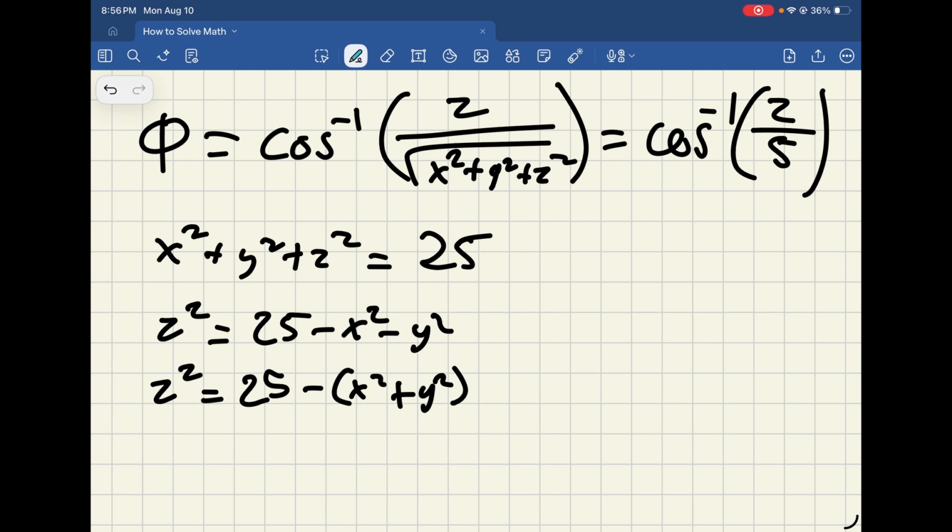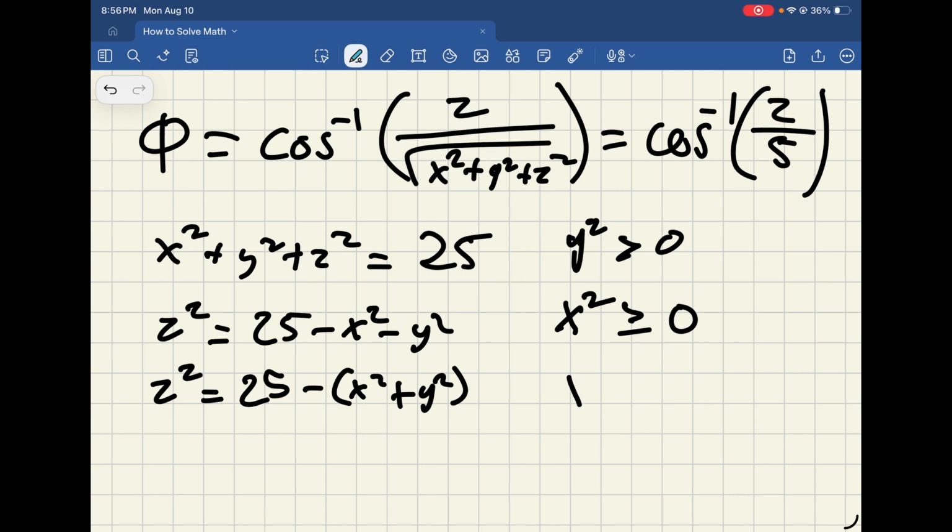Our problem tells us that y is greater than 0, so y squared also has to be greater than 0. And x squared, because any value of x is going to be squared, negative or positive, will turn up as a positive value, so it can be greater than or equal to 0.